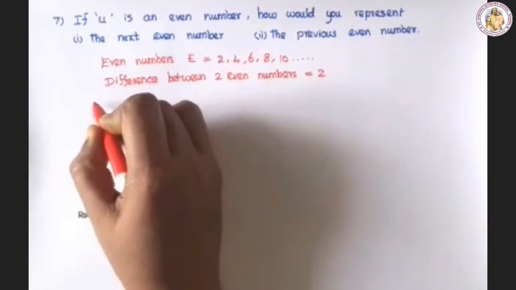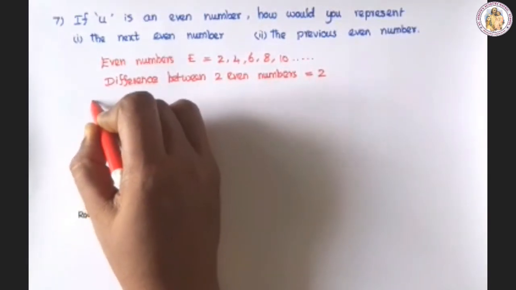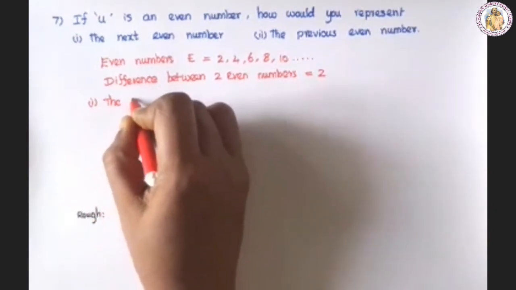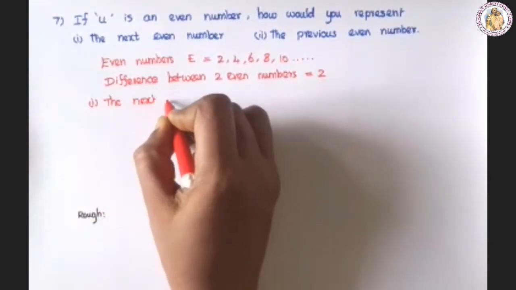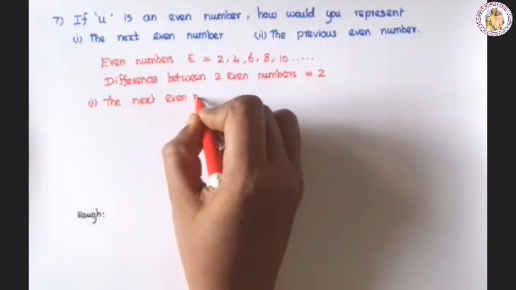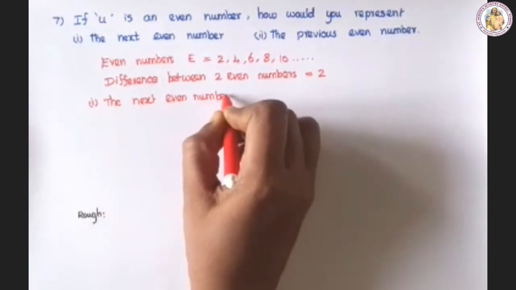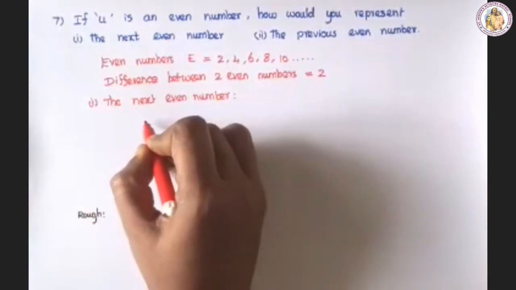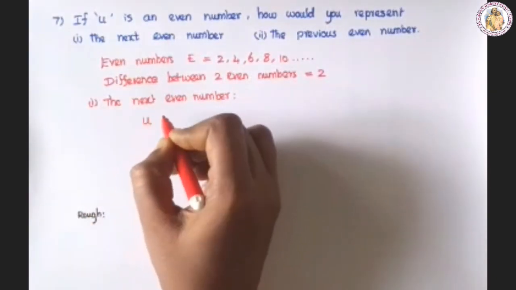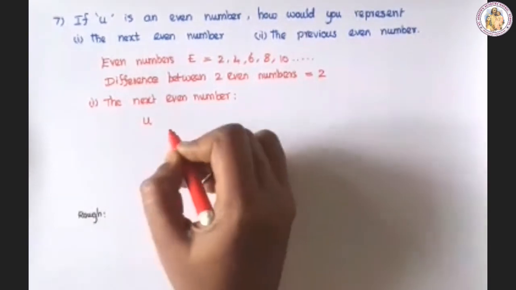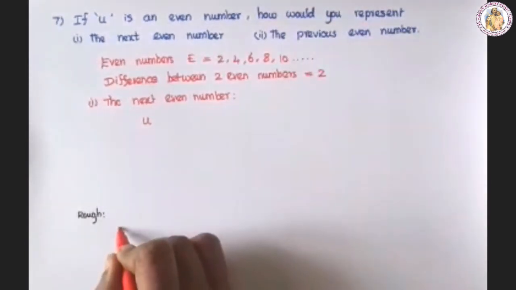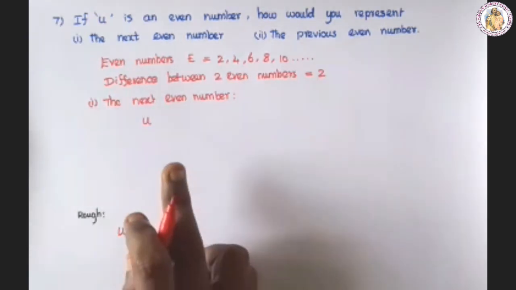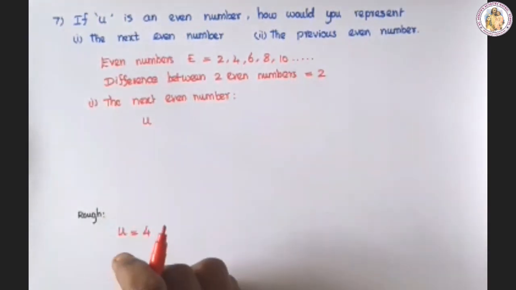Now, the first one, the next even number. u is an even number. If you take u value, u value is 4. u is 4 means, what is the next number?